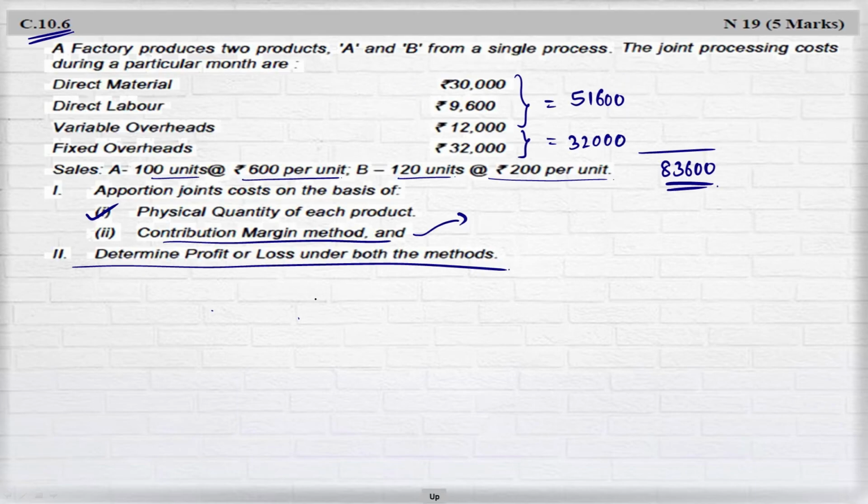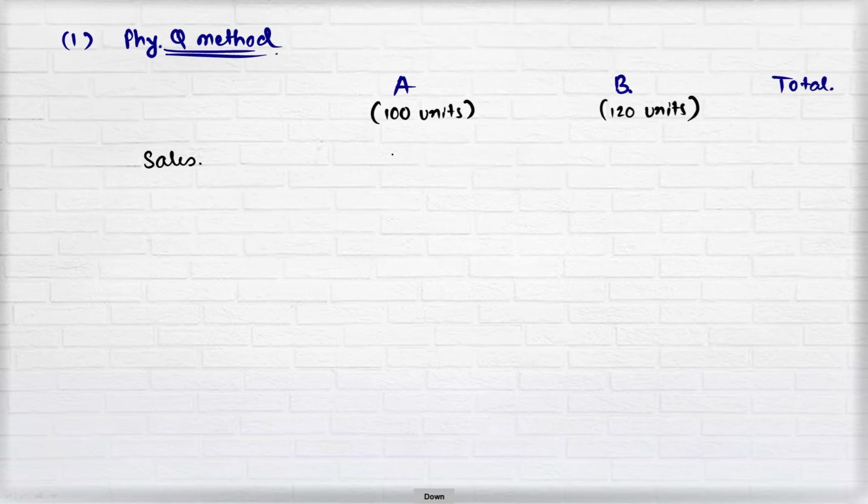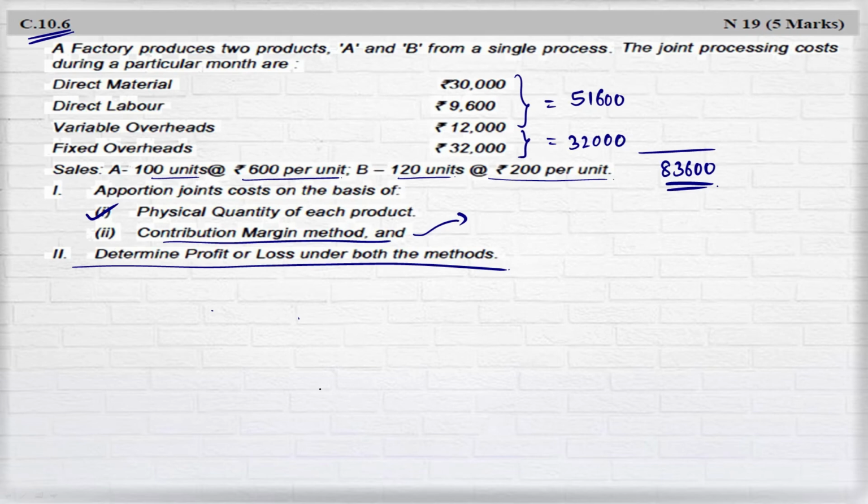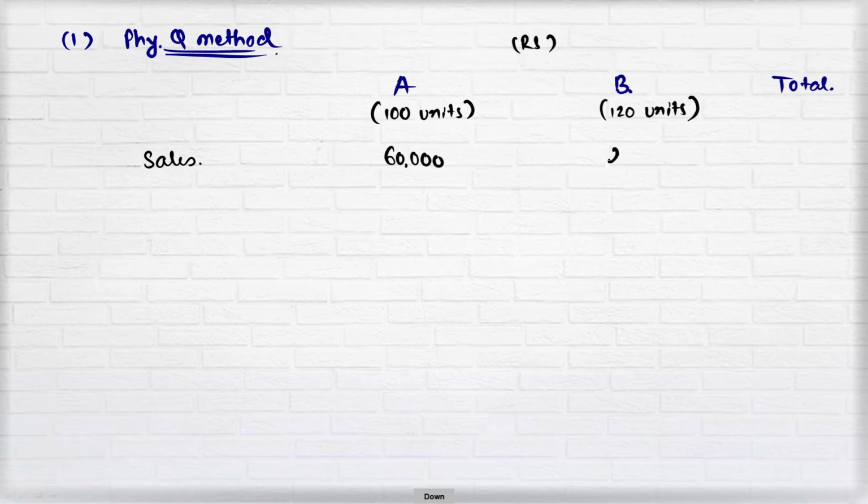Sales will be 100 into 600 will be 60,000. Answers are in rupees. And 120 into 200 is 24,000. Total will be 84,000. All right. Minus joint cost.